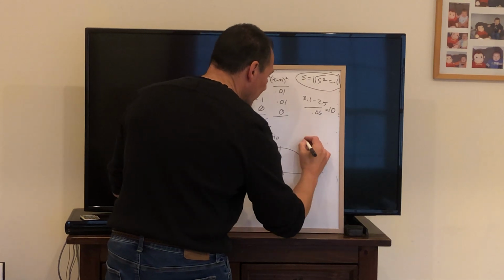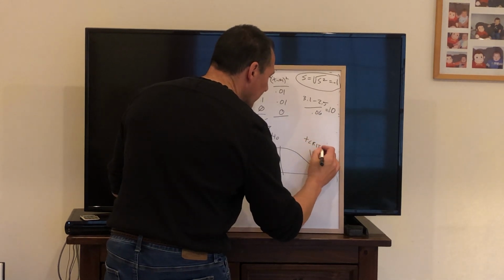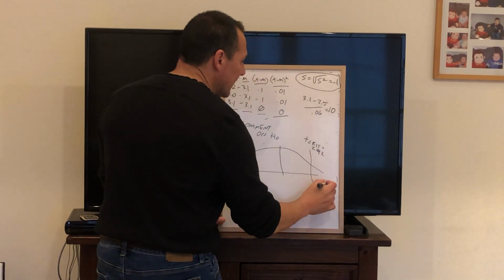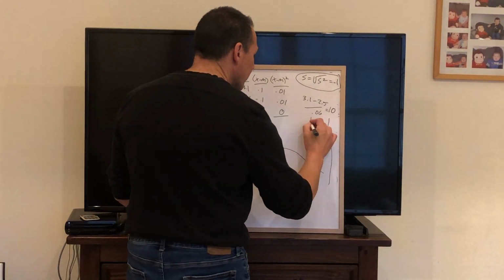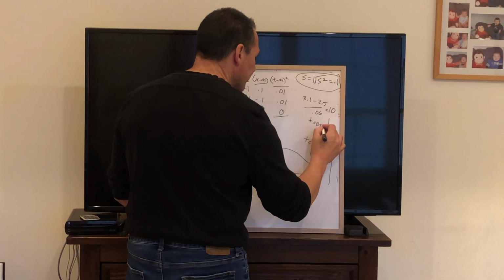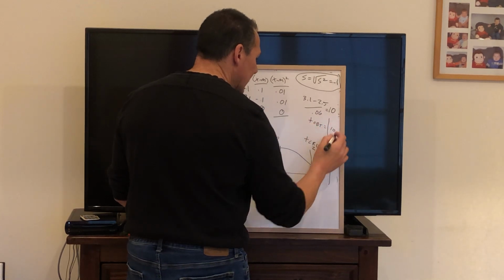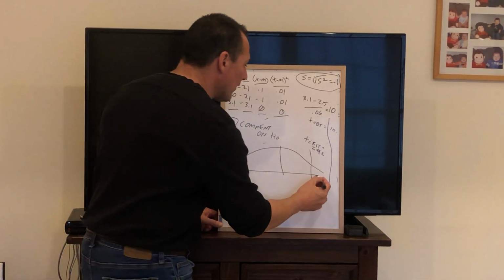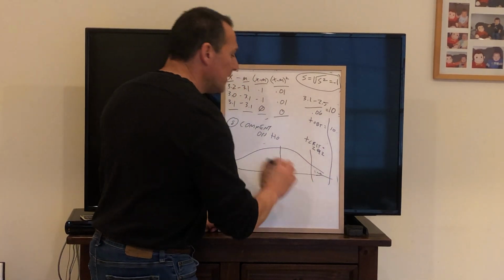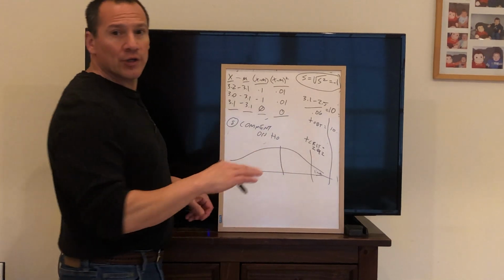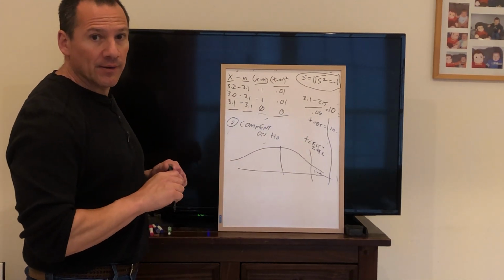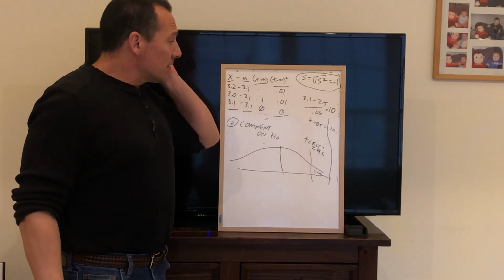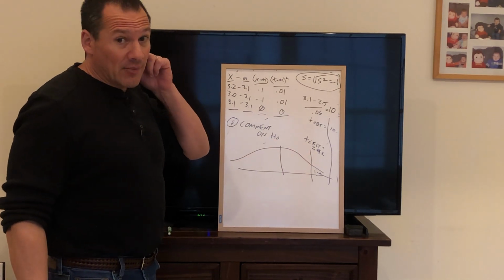My t critical is 2.92, and my t obtained equals 10. So 10, if you look at my alpha region, which is over here, 10 is way more extreme than my t critical. And what that's saying is that I have rejected the null hypothesis.